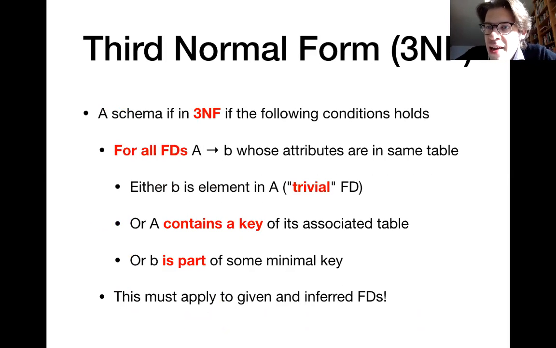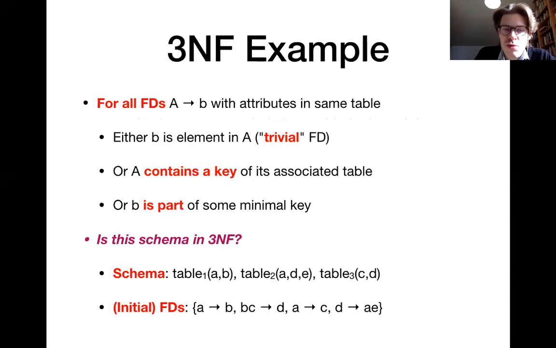A minimal key is a set of attributes which imply all attributes in that table, but if you remove any of those attributes, then you do not have a key anymore. That is why the key is minimal. So the third normal form is a little bit more permissive.